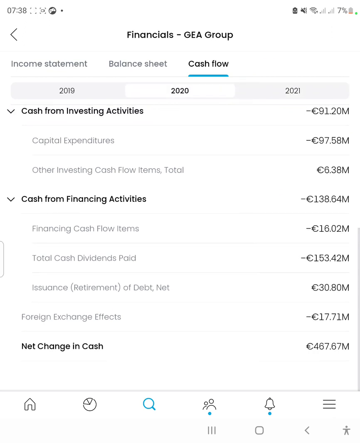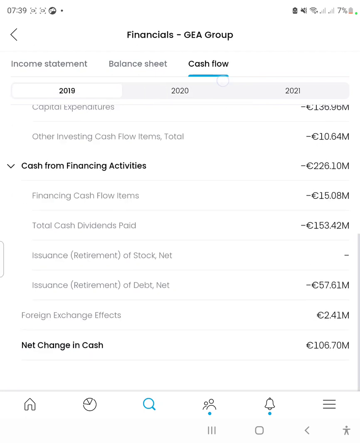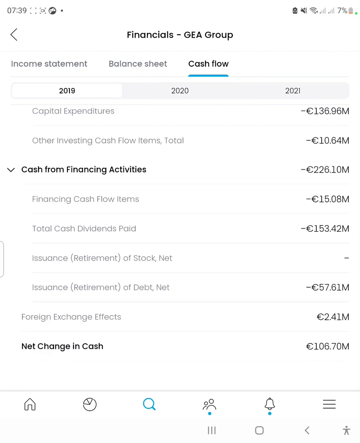Let's just check the net change in cash for the 2020 financial year and 2019 to see if the company is growing or not. So 467 million euros net change in cash in 2020, and the net change in cash for 2019 was 160 million euros. So there's not a consistent earnings growth. It's quite sporadic and volatile, but it's always been positive, which is definitely really good for shareholders.